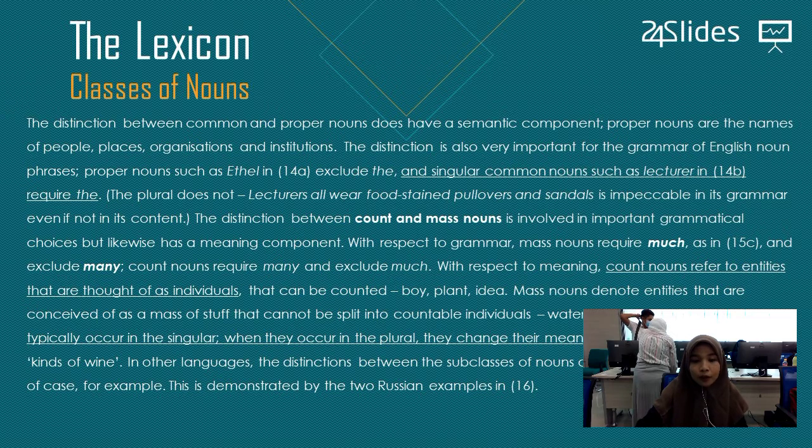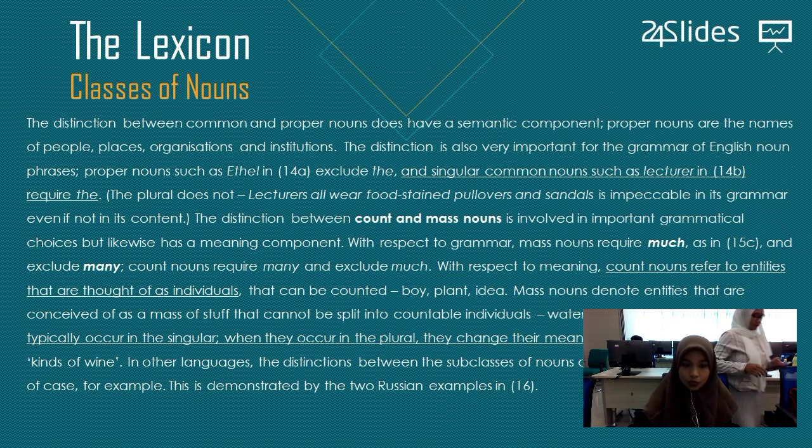Count nouns require many and exclude much. With respect to meaning, count nouns refer to entities that are thought of as individuals that can be counted by plain idea. Mass nouns denote entities that are conceived of as a mass of stuff that cannot be split into countable individuals: water, flour, wine, salt.